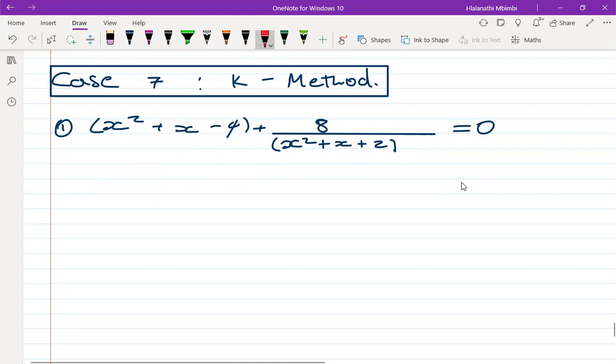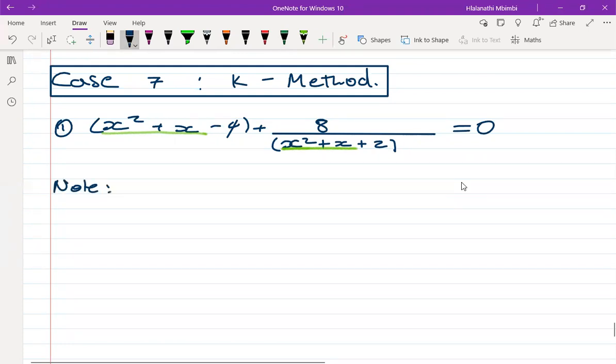If you look here closely, you will find x squared plus x there, and you also have it there. So it's a repeated expression. That repeated expression, you let it equal to k.